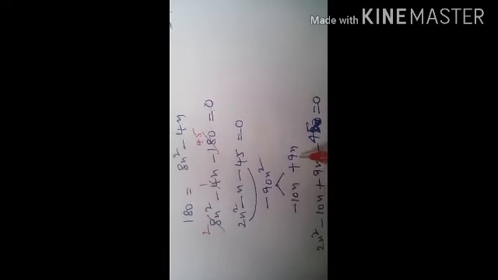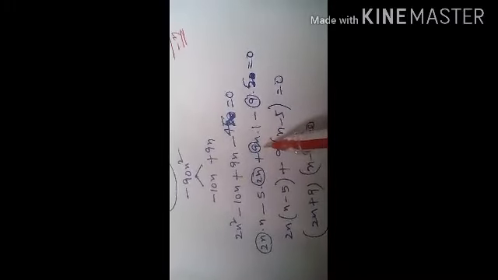So when you are factorizing, 2n square into 45 will get minus 90n square. So we can write minus 10n plus 9n. Minus 10n plus 9n will get minus n, which is the middle term.